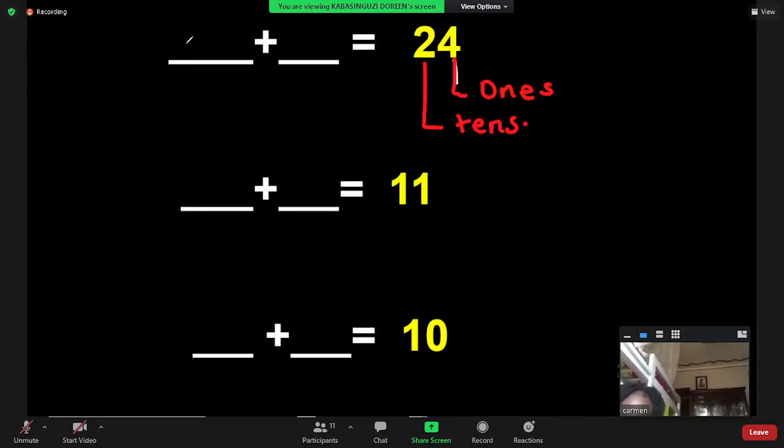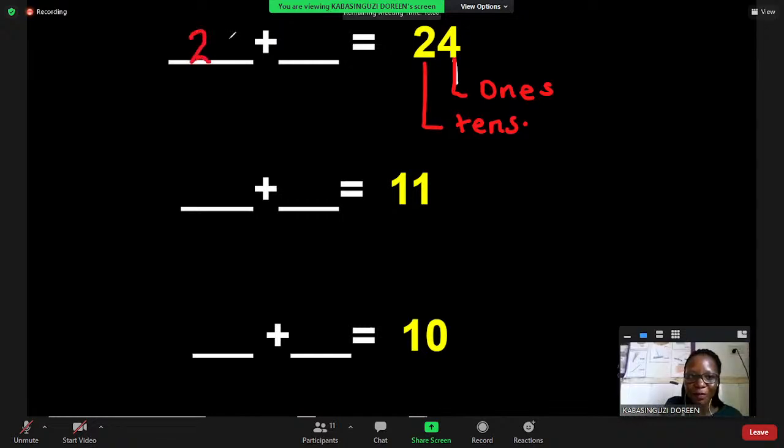We write 20. Thank you. We write 20 because these are two tens. So the answer will be 20 plus what? Plus 4. Very lovely. 20 plus 4.